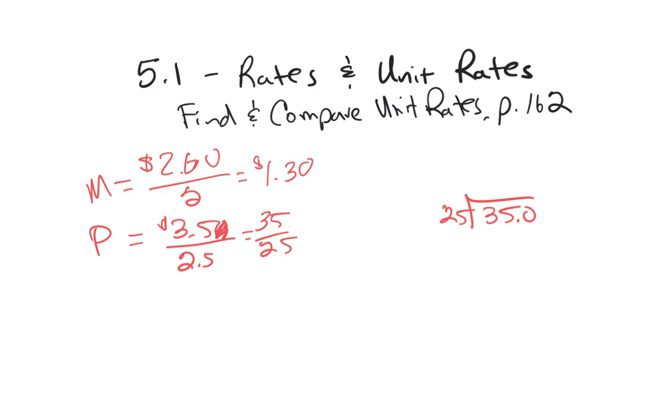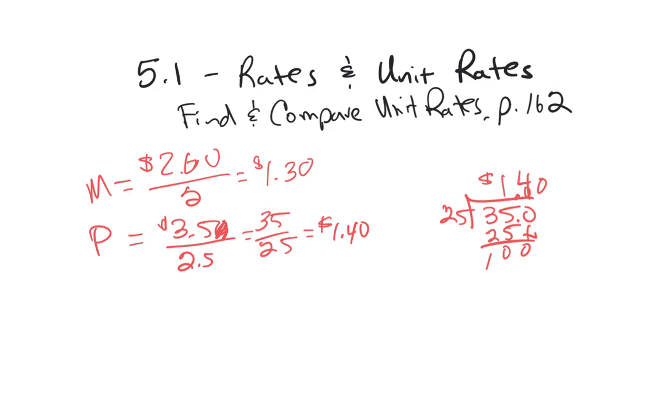And obviously, we're going to have to call that 0.0 because it's not going to go in to 25 evenly, but we end up with 35 minus 25. That comes out to be 10. Bring down that 0. And 25 goes into 100 4 times. And this is money. It's how much it costs per pound is $1.40. That's the unit rate, $1.40 per pound.